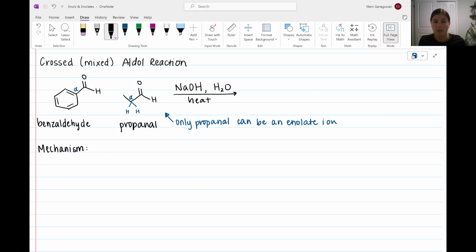So first step of aldol reactions is forming the enolate, and that can only occur in propanol. So that will be in our first step. I'll draw both alpha hydrogens coming off of the alpha carbon. We have hydroxide as the base. So electrons from oxygen will take a hydrogen and we form that enolate ion.